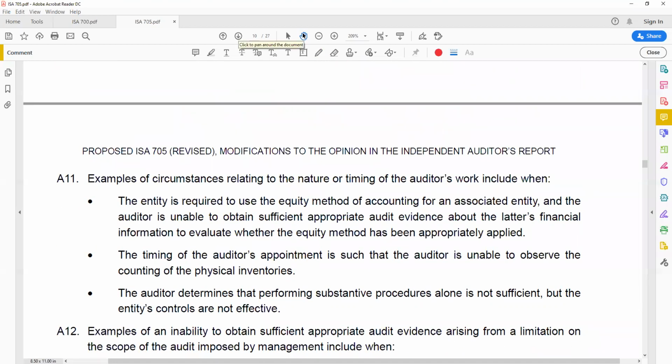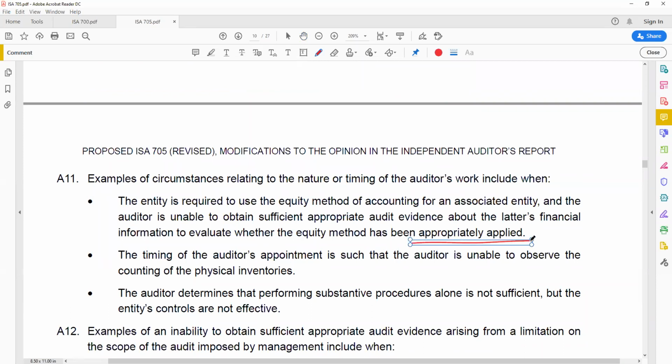The nature of the timing of the work could also result in a scope limitation. The entity is required to use the equity method of accounting for associates, and you are unable to obtain sufficient appropriate evidence about the associate's financial information to evaluate whether the accounting method has been appropriately used.